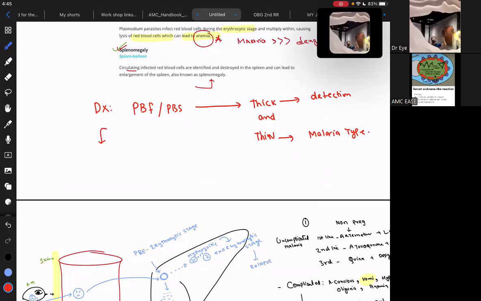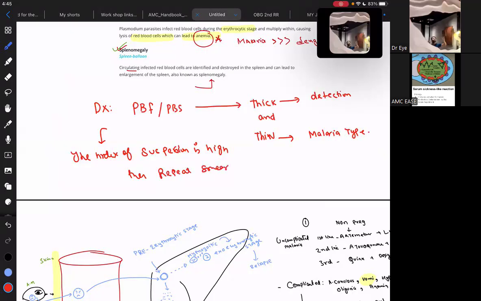And the other important point which I want to mention is the index of suspicion. If the index of suspicion for the malaria is high, then you need to repeat the smear.